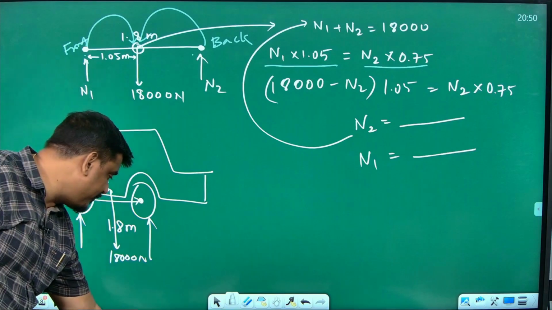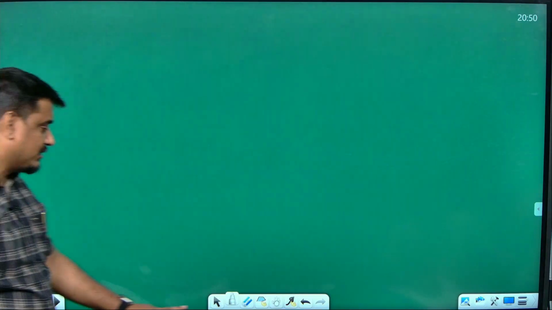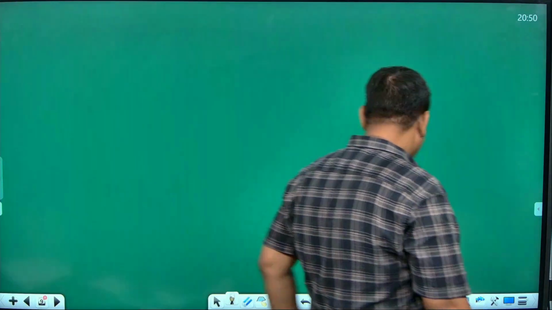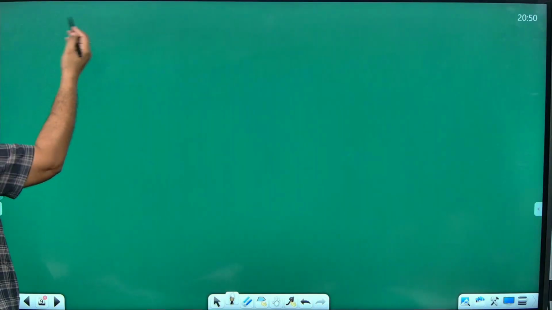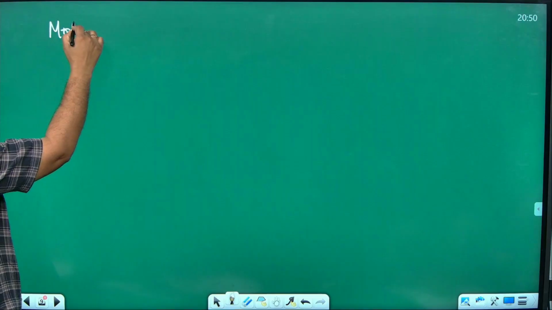So one thing which I think I have not talked about in the class previously is motion of center of mass. Please guys, 10 minutes more I will take. Be attentive. Please pay attention.